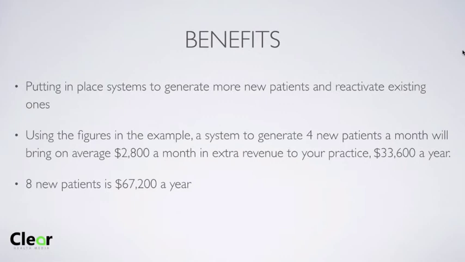And if we took that figure and times it by 12, that's going to give you almost $34,000 a year in extra revenue into your practice, just from getting an extra 4 new patients a month. If we then took that even further and doubled it, you can see that the numbers start to add up very quickly.